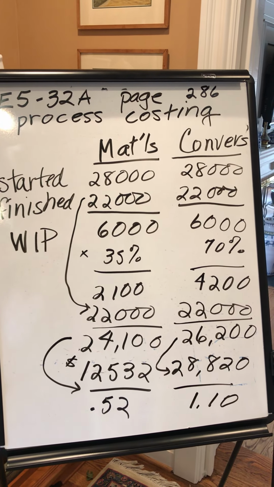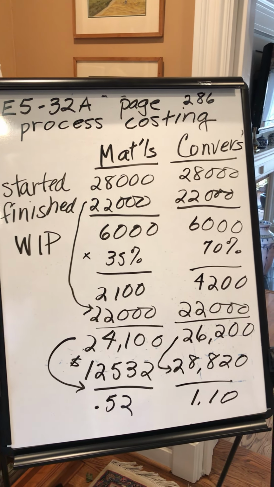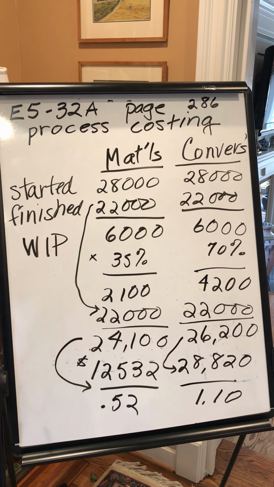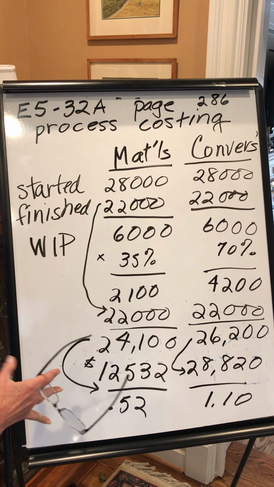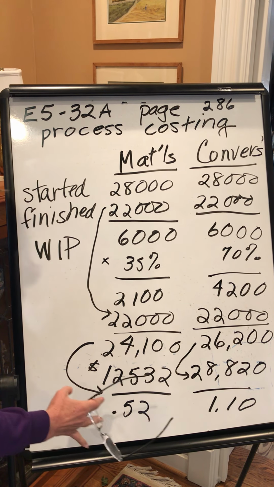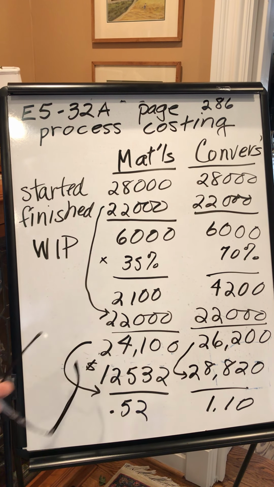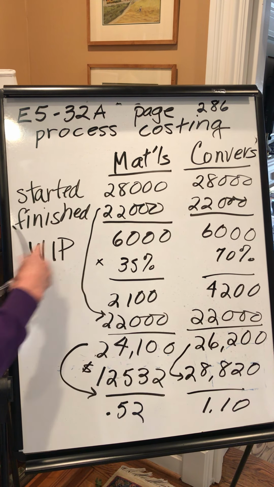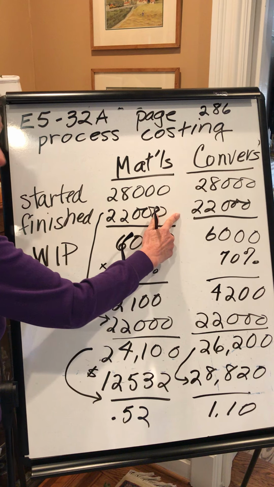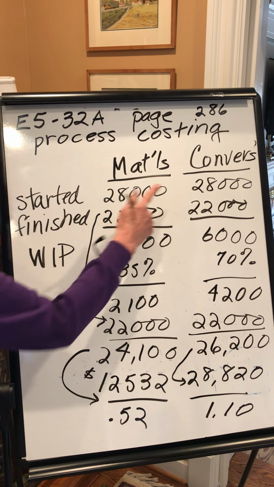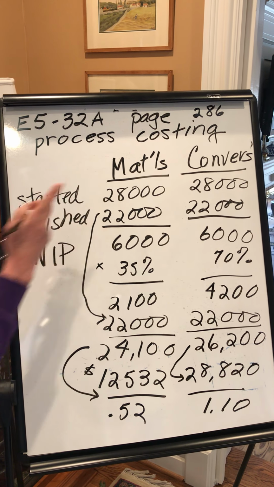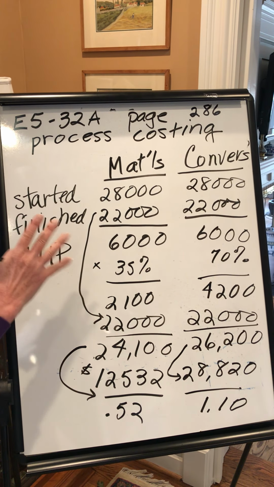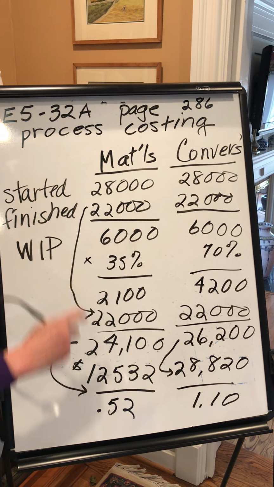Okay, so we're actually up to the second to last step. So we know how many units we have equivalent, and we figured out a cost per unit. Why? Because we need to transfer the costs. Remember I told you we were going to be interested in the 22,000? We need to transfer the cost of those 22,000 units out of the department they're in into the next department.